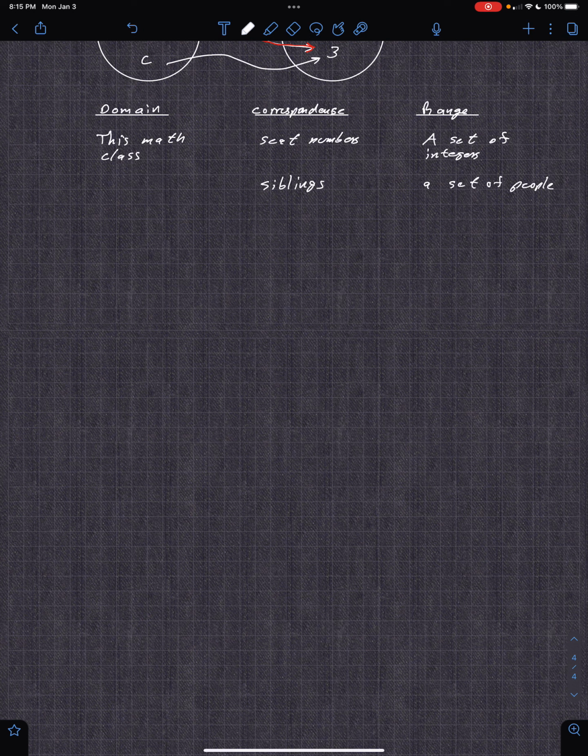Before I ask this question, I never know if this is a function or not, because each one of you may or may not have siblings. If you don't have a sibling, then you're a single child, so there wouldn't be any correspondence. However, what would make this work? What would make this not be a function? So think about it.